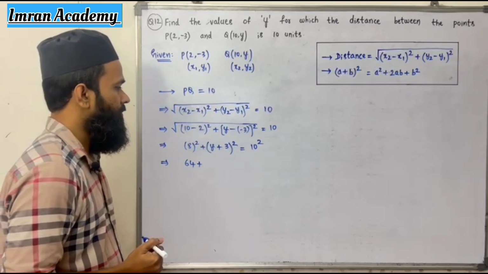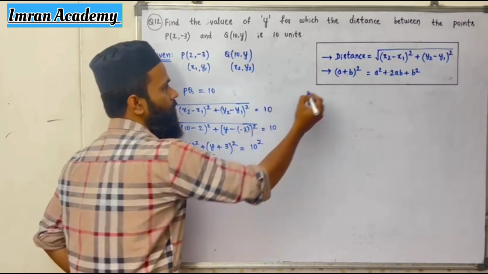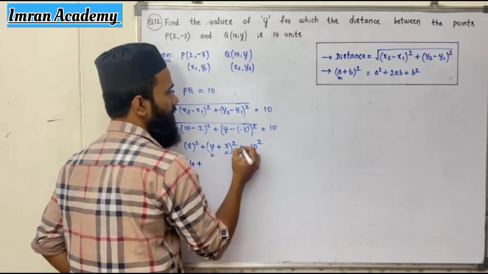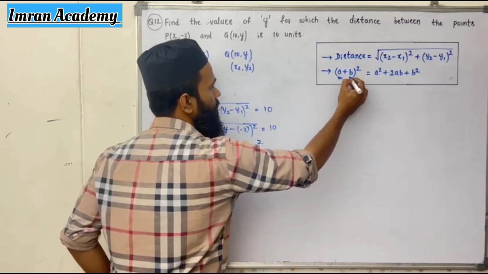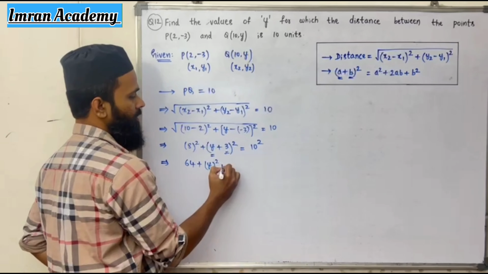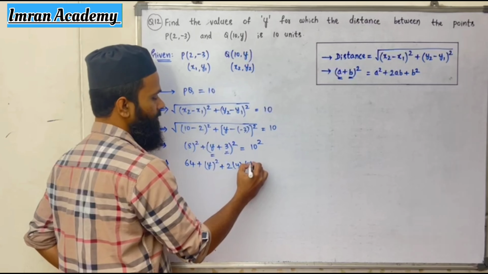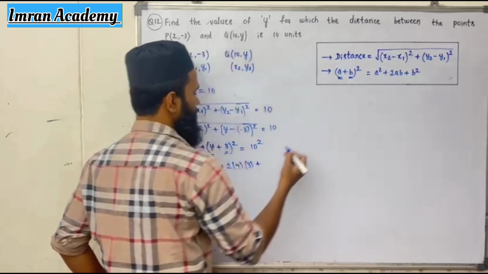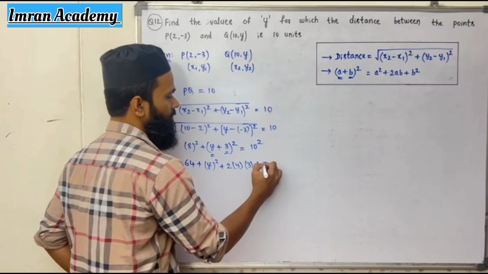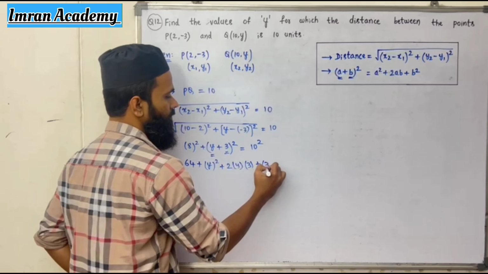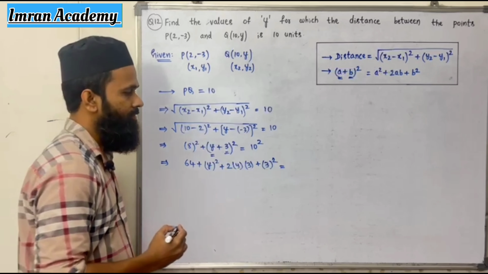Apply this formula, y is a, 3 is b. (y plus 3) whole square is y square plus 2 into y into 3 plus 3 square, is equal to 10 square, which is 10 into 10, that is 100.